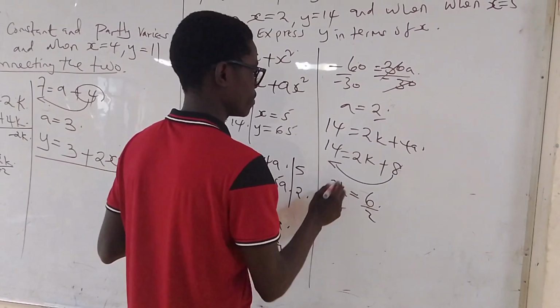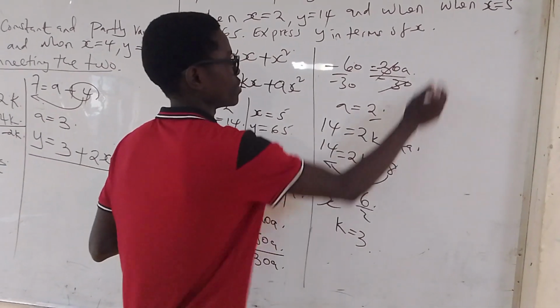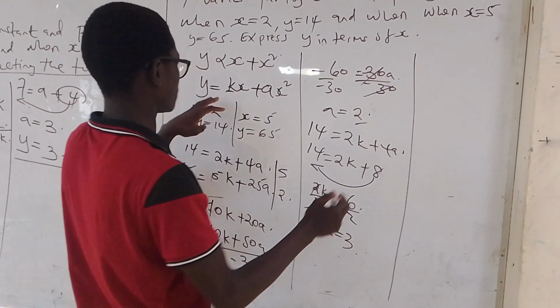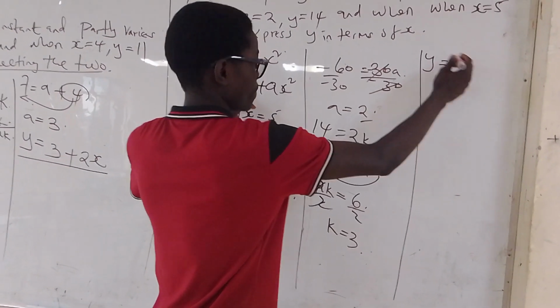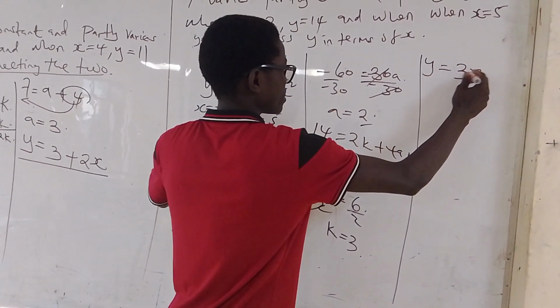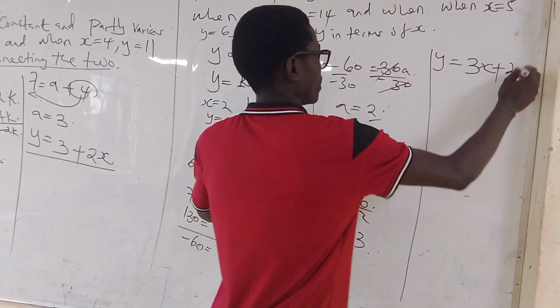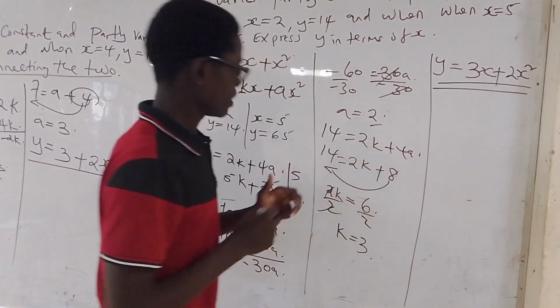Divide by 2, divide by 2. So K is equal to 3. So we say the equation connecting the two is y equals K, which is 3x, plus A, which is 2x squared. So that is the equation connecting.